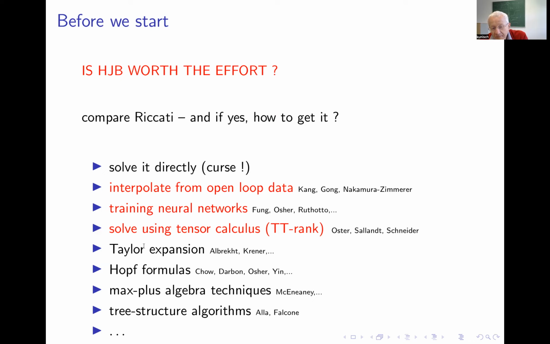But there are other choices. Taylor expansions, already in the 70s and 80s, have been utilized. Hopf formulas, max-plus algebra techniques, tree structure techniques. So there are many different directions nowadays, where people try to contribute towards solving these high-dimensional HJB equations.